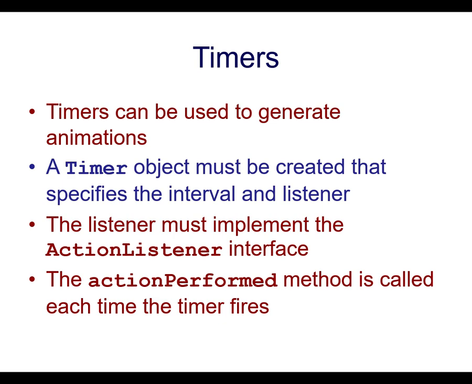And as with all events, a listener must be registered that responds to the timer events. As is true with buttons, the listener for timer events must implement the action listener interface, which means that the actionPerformed method will be called each time the timer fires.